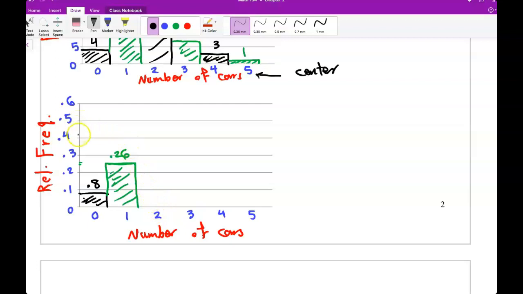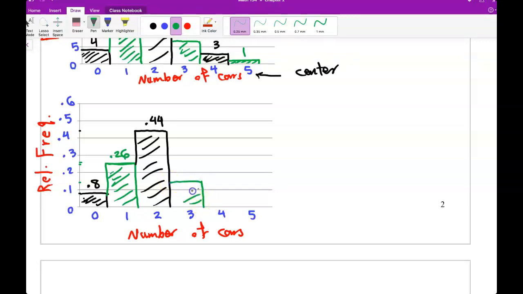Next one, 44%. Three cars, we have 14%. And for four cars, it is 6%. And five cars is 2%.